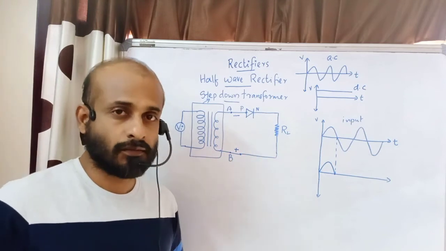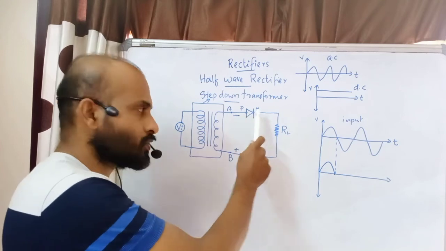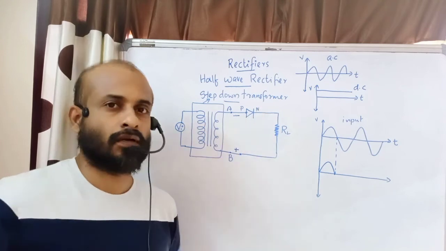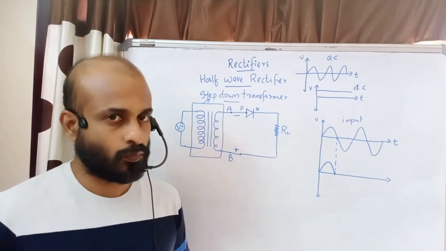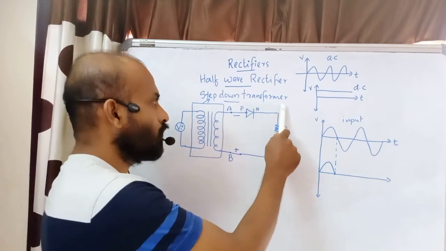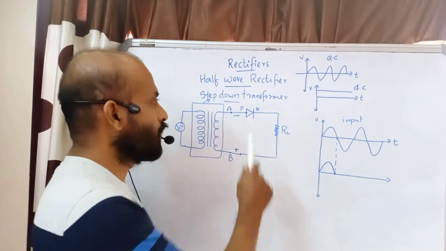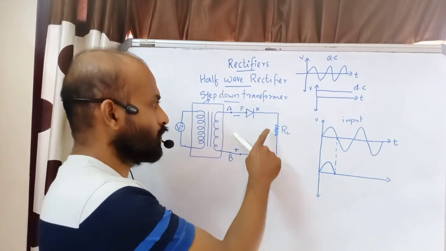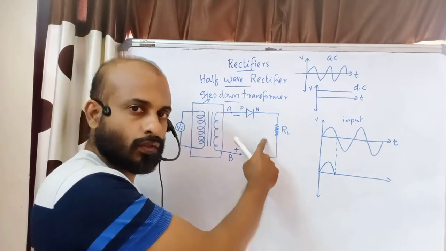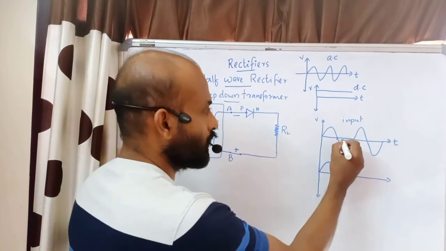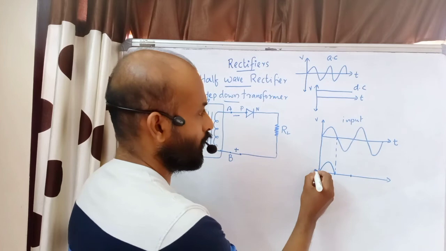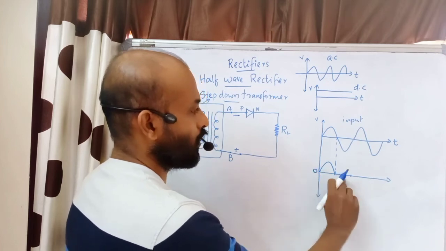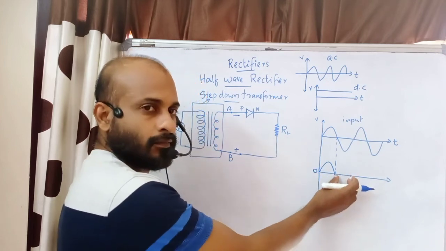It is reverse biased, that is, the P side is connected to low potential and the N side to high potential. Can it conduct during reverse bias? No. There is no forward current, so there is no output and no current through the load resistor.